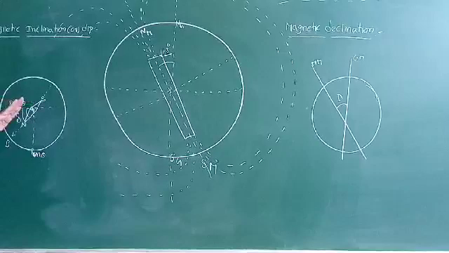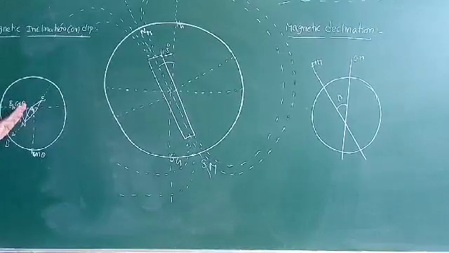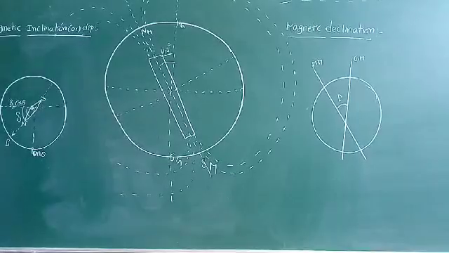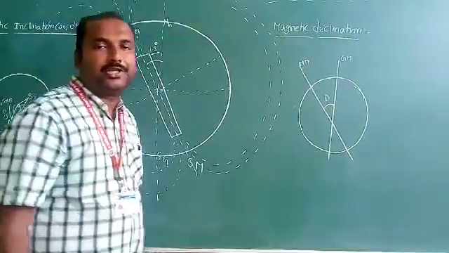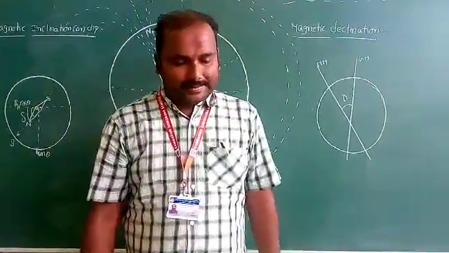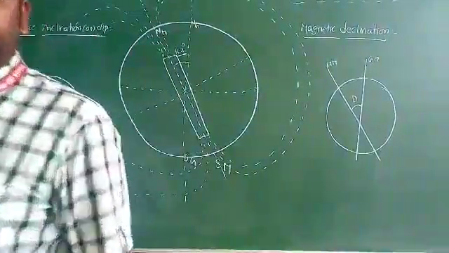And the horizontal component is the total magnetic field in the horizontal direction in the magnetic meridian.